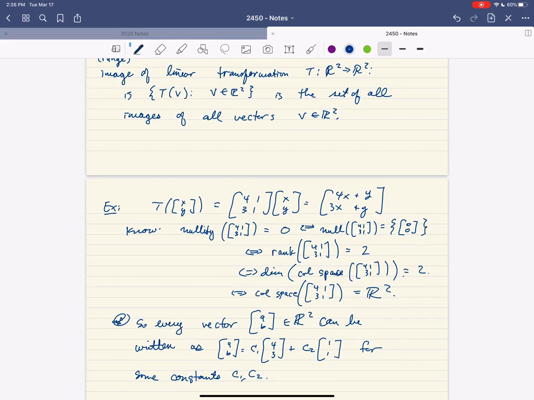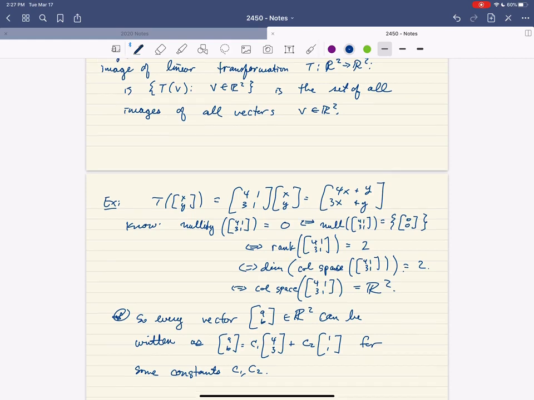What we're thinking about is, we've taken a long path to get here, but what we started thinking about was, what are the images? What kind of outputs are we going to get from this linear transformation? Do we get everything? Do we get a line? Do we get the zero vector? Do we get some other subspace? The only subspaces of R2 are R2, lines through the origin, and the origin itself.